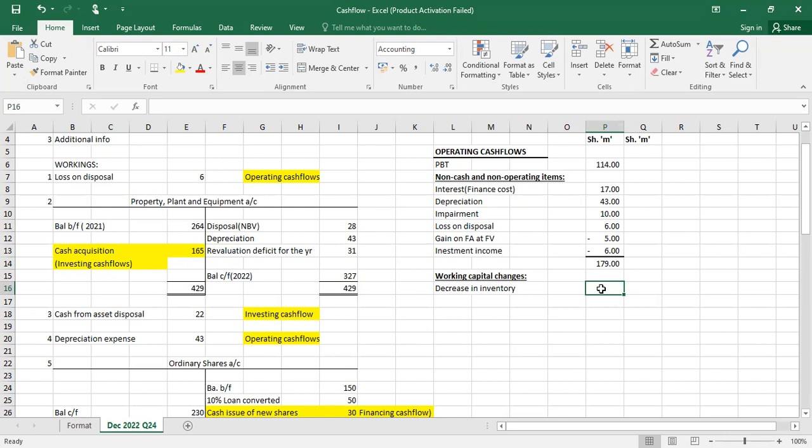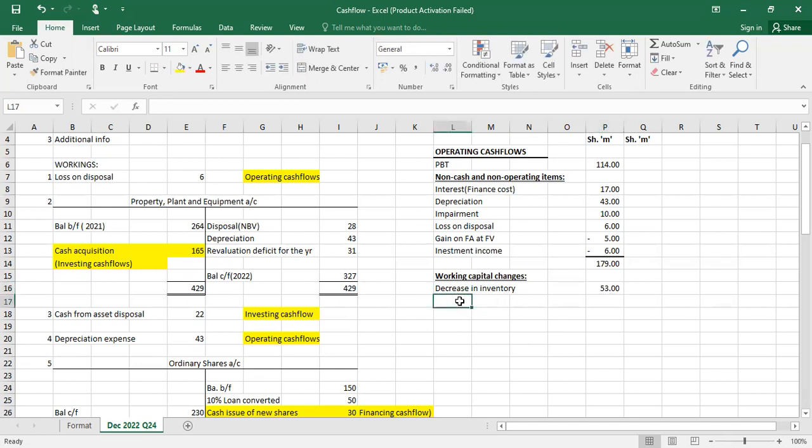That's a decrease of 53 million, yeah? When inventories are decreased, is it a cash inflow or is it a cash outflow? Is it a plus or is it a minus? Cash inflow. Yeah, a plus. It's a plus because inventories decrease when you have sold them, yeah? So decrease means sales. That's a cash inflow. So it's a plus of 53.